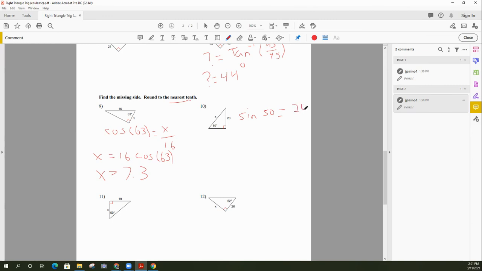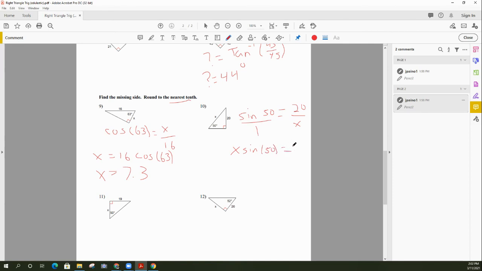Now the hypotenuse is actually the unknown, the variable in the denominator. So step by step, I multiply both sides by x and then divide by sine. It's almost like cross multiplying, which is how some geometry teachers showed it. So you're always just cross multiplying no matter what. So now you get x sine 50 equals 20.